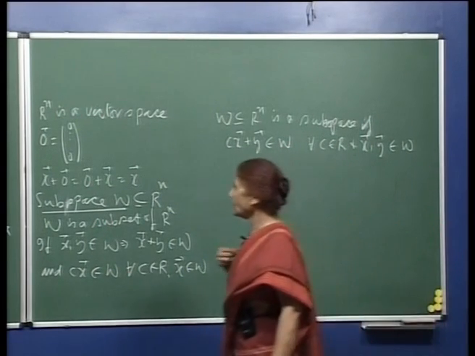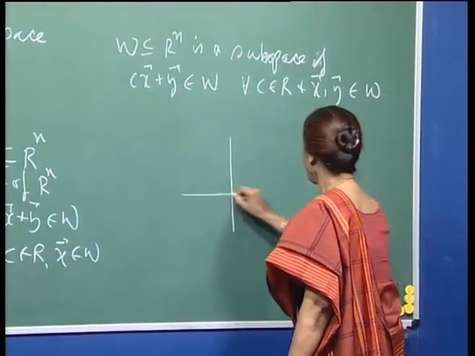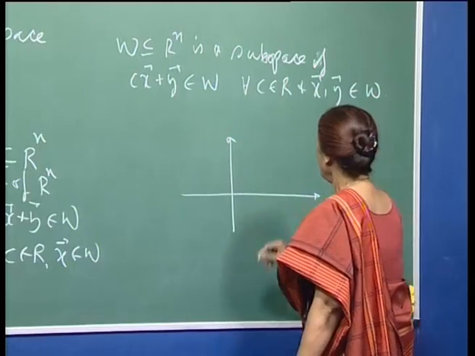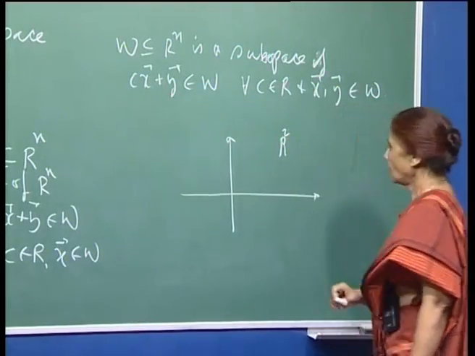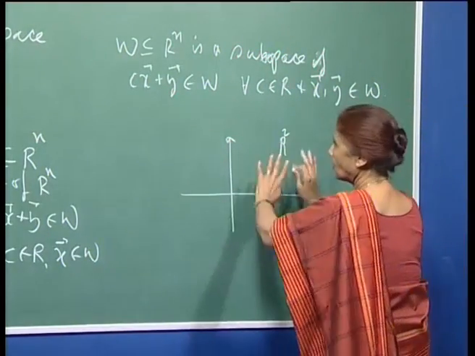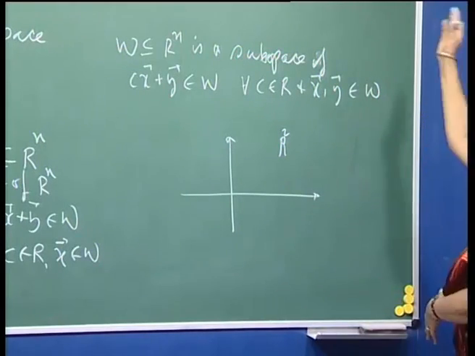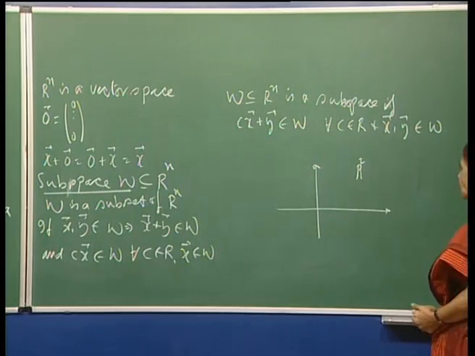Now, here you see that, for example, what we are saying is that in R2, so this is your R2, the collection of all two-tuples. So, the whole space, that means you can extend the blackboard in either direction, and this is what you get as the whole of your R2, right.